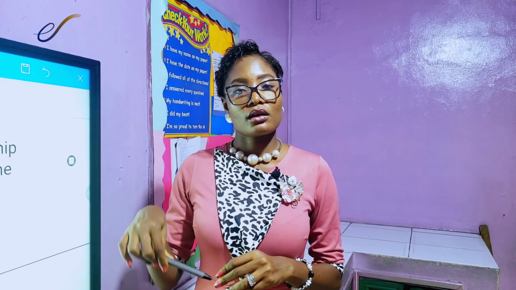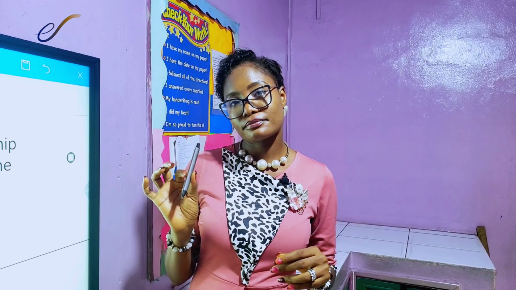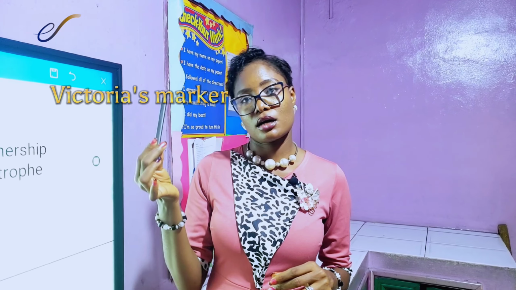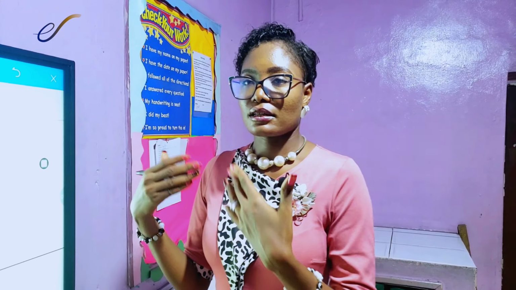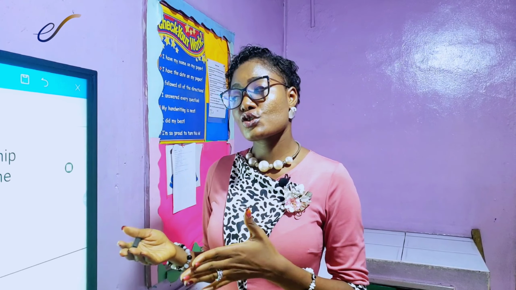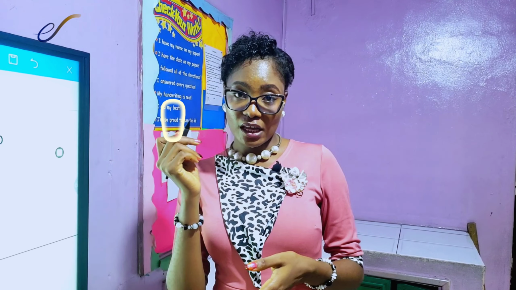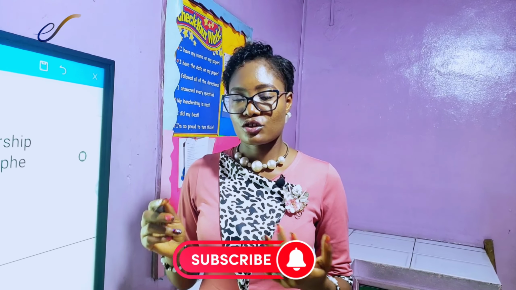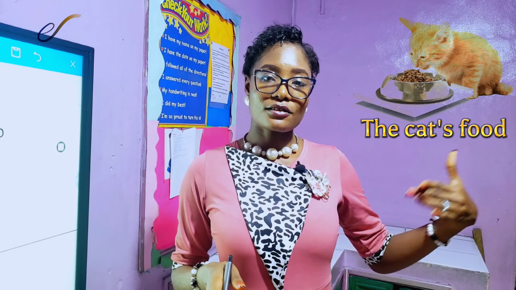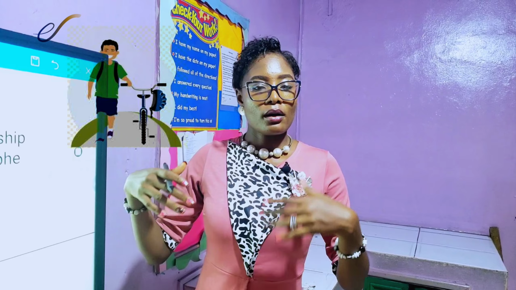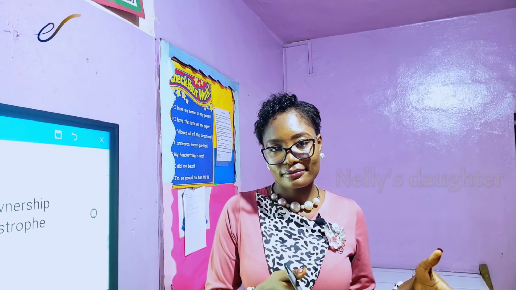Let's say this is my marker. You're going to say this is Victoria's marker. When you are writing possessive nouns, it is usually indicated or formed by adding an apostrophe and an S after it. So you have the cat's food, or John's bicycle, or Nelly's daughter.